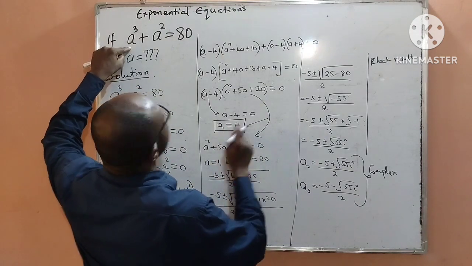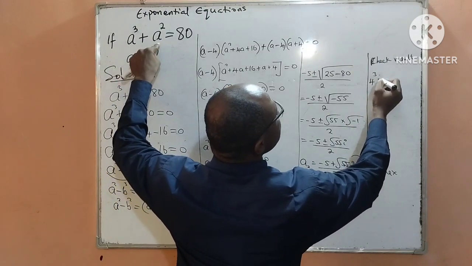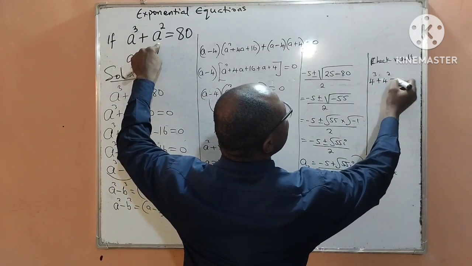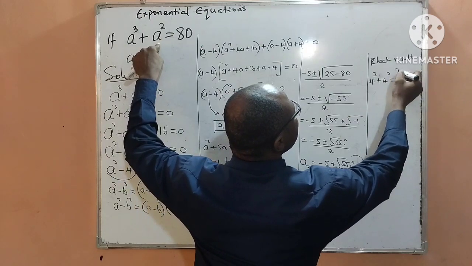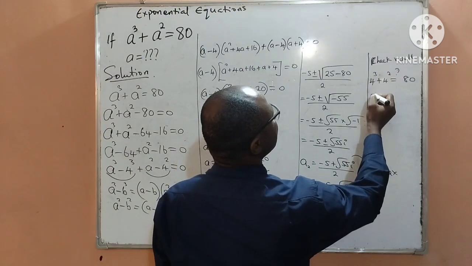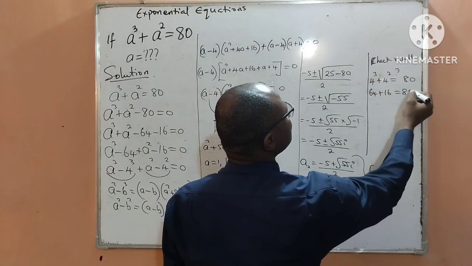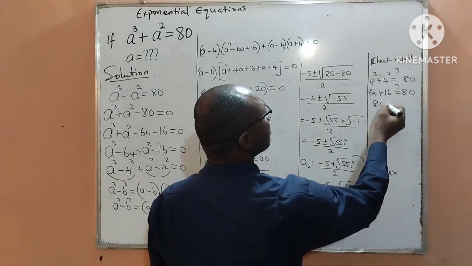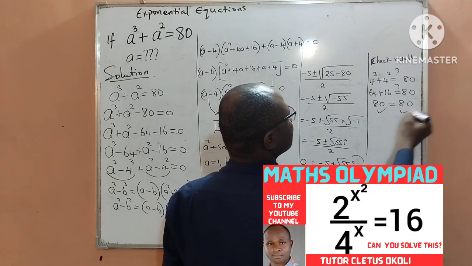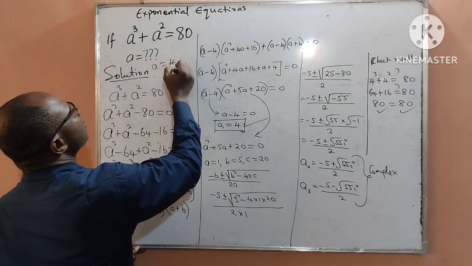Therefore, if a is equal to 4, will 4 raised to the power 3 plus 4 raised to the power 2 be equal to 80? We want to find out. 4 raised to the power 3 is 64, and 4 raised to the power 2 is 16. Will this be equal to 80? Yes, the addition is equal to 80, implying that the value of a here is equal to 4.